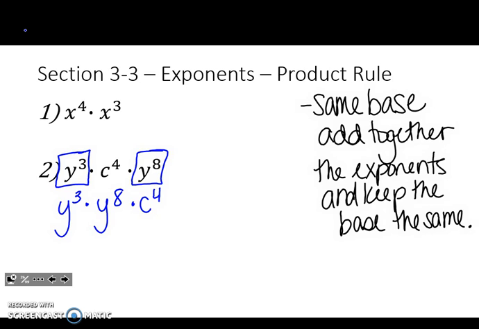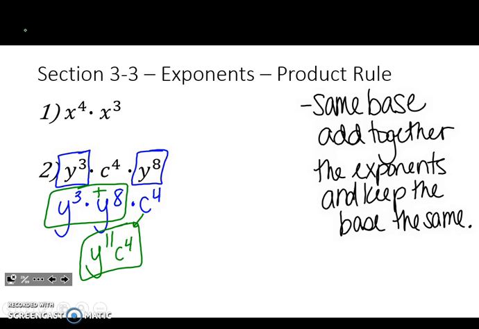I can reorder it as long as I don't change anything. So then I'm going to use the product rule to combine y to the third times y to the eighth. So I'm going to keep the base the same, and I'm going to take 3 plus 8 to get 11. Then I'm going to bring down this c to the fourth into my final answer. So I have y to the 11th, c to the fourth.